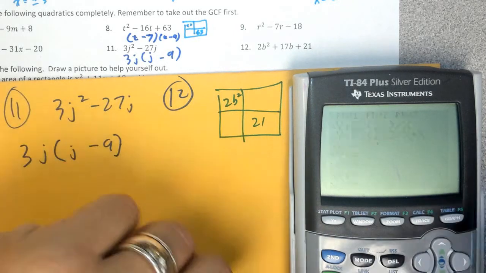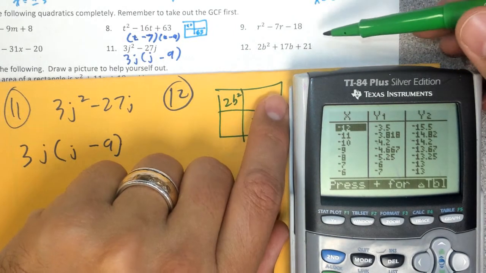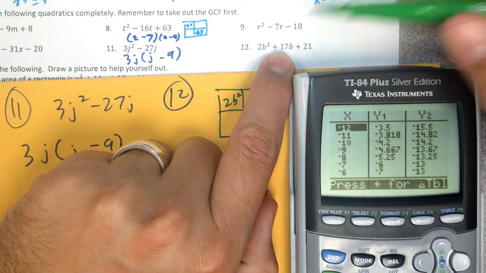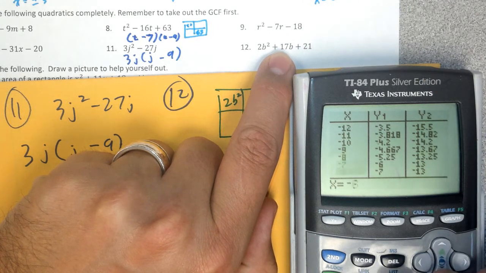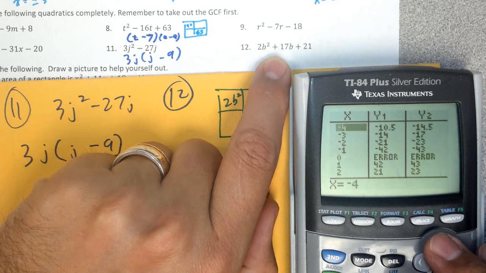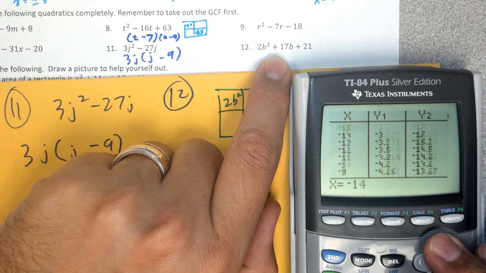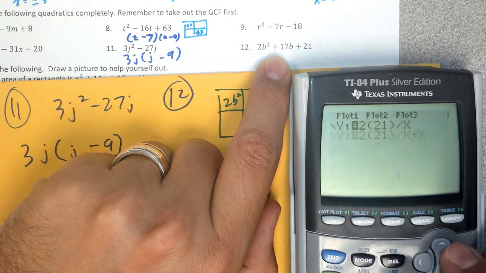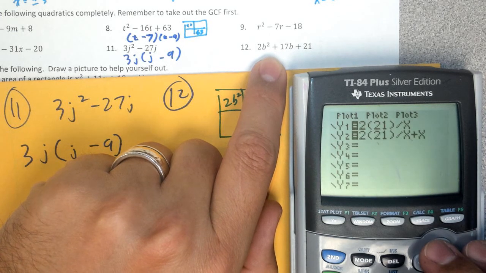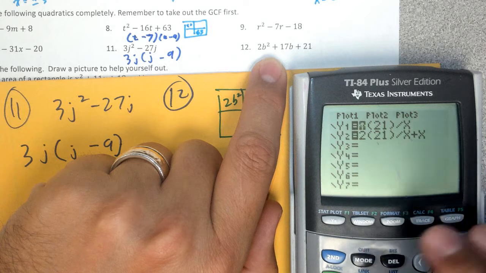Look at my table. Instead of looking for a negative 16, I'm going to look for positive 17. Don't see if I put that in right. 2, 21.